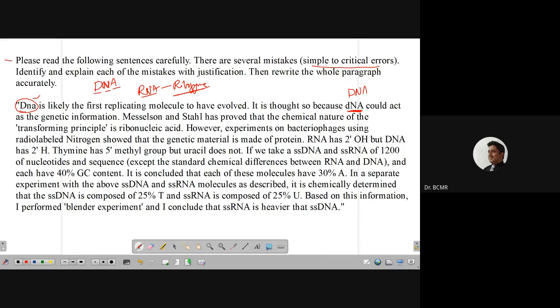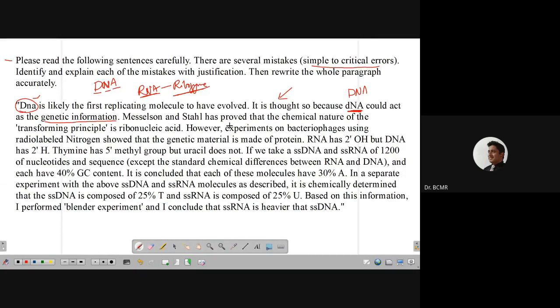So people think that that is possible. Most likely RNA had versatile functions, and because of which they think RNA is the first replicating molecule. It is thought so because DNA could act as genetic information, but RNA can also act as genetic information. So this argument is not so strong.